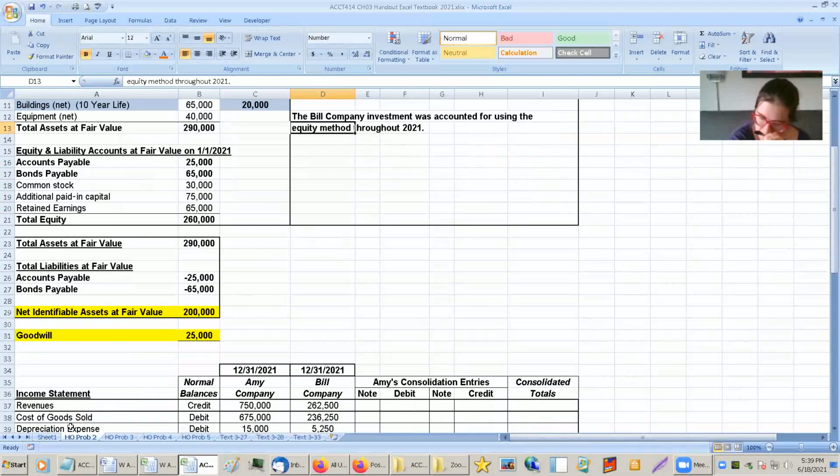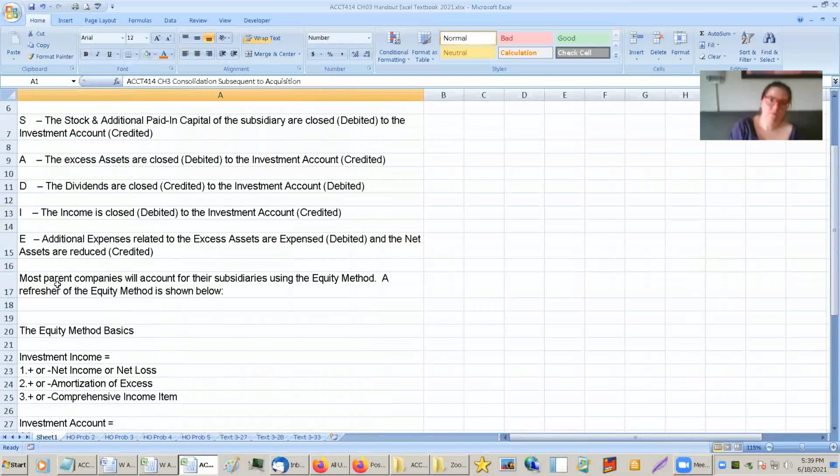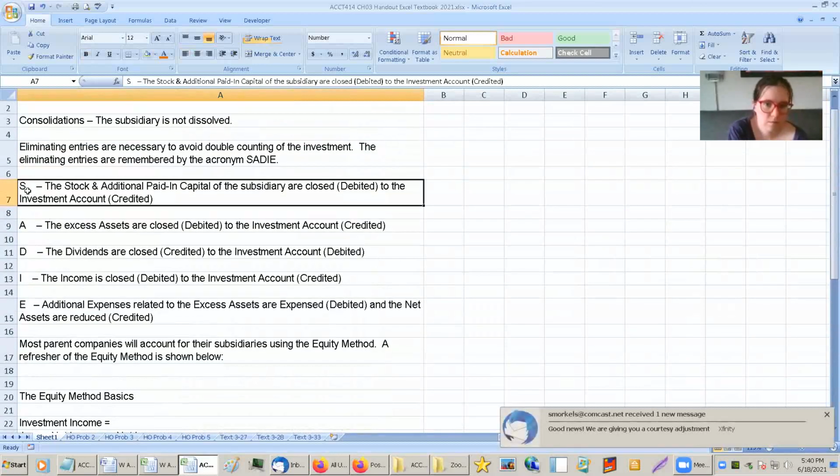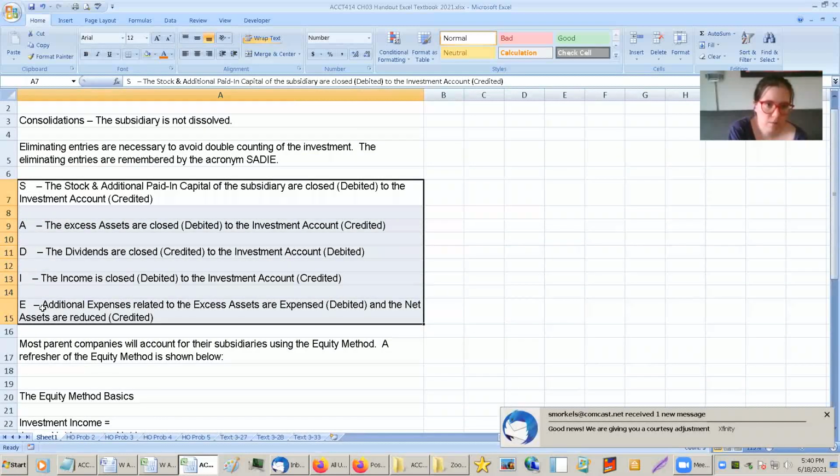Okay, so I think we're ready. You know what I'm going to put over here, though? I think I'm going to put the entry over here.